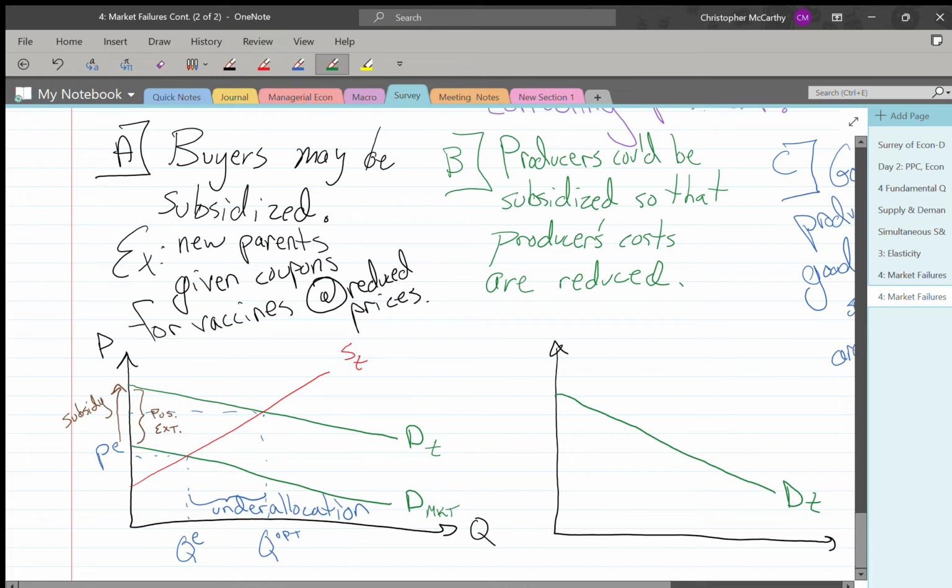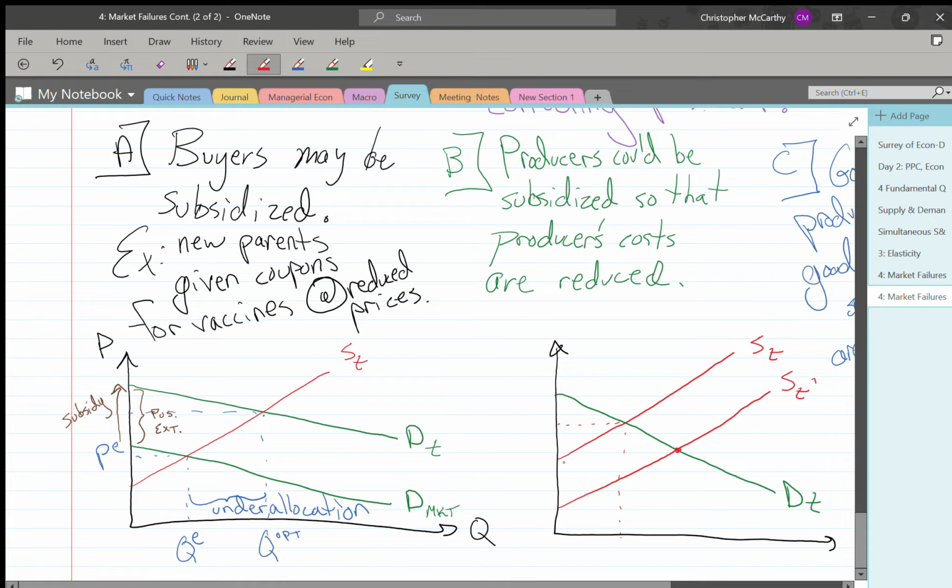And so if it's the case that our supply curve is up here, we want to take the difference between that and whatever it's going to be to increase the quantity to whatever that socially optimal quantity is.